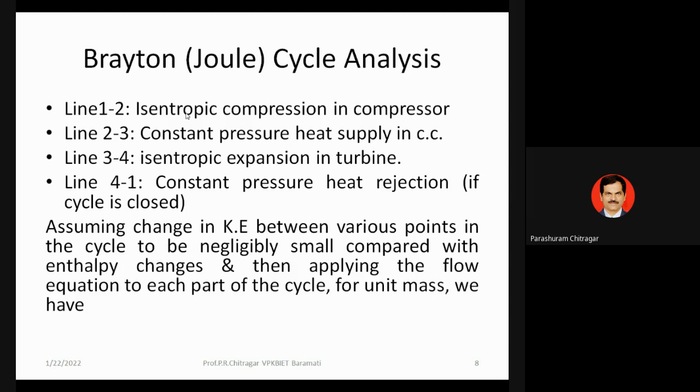Adiabatic in the sense that the rate of heat exchange will be zero. Q will be equal to zero, no heat exchange. So that is adiabatic. Then what is reversible? Yes, you can have that process in a reversible manner. If it is totally reversible and adiabatic, then you can say the process is isentropic. So in the compression, we are having isentropic compression of the air.